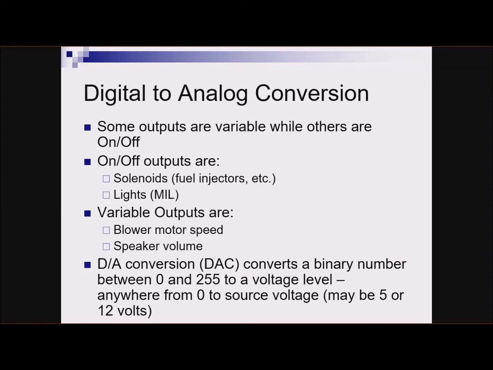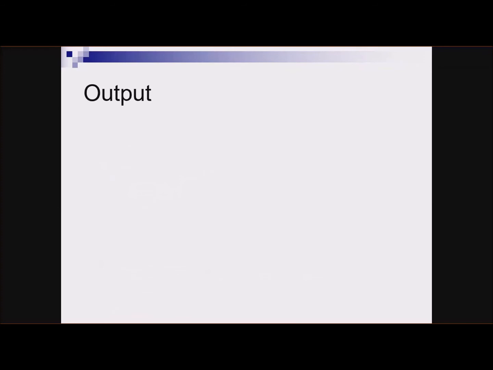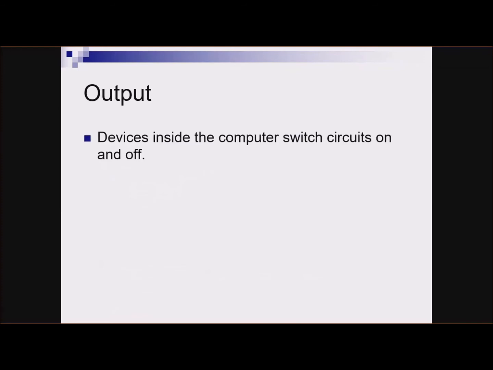Computers, obviously, everything is digital. Volume is definitely a sort of an analog thing. And then, of course, we have outputs. Devices inside the computer switch circuits on and off, or they regulate voltage, or they regulate current. They can regulate current through pulse width modulation, which we'll talk about when we get to outputs.